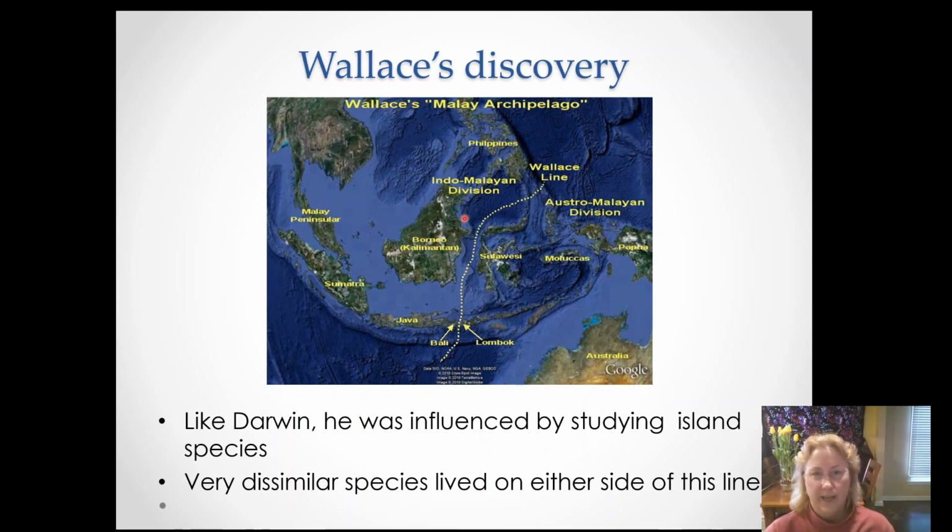Well, during the last several ice ages, land bridges appeared between all of these islands and Australia. The Wallace Line is where there is a deep ocean trench, and there was no land bridge during the ice age. So that's why it seems like species were unable to cross this.